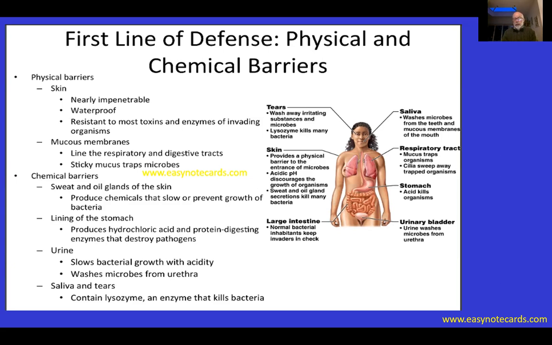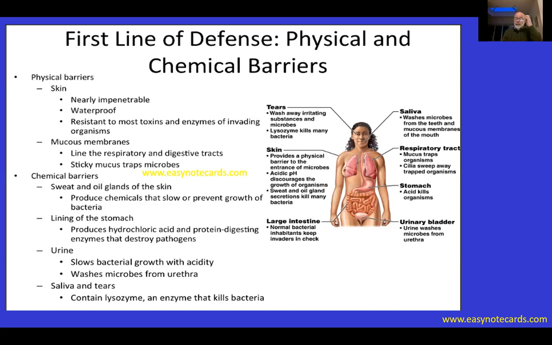Urine slows bacterial growth because of the acidity. Sometimes, though, yeast infections are a little bit more difficult to combat. Even they will tolerate acidity, the acid of urine. It also flushes out the urethra with the urine.